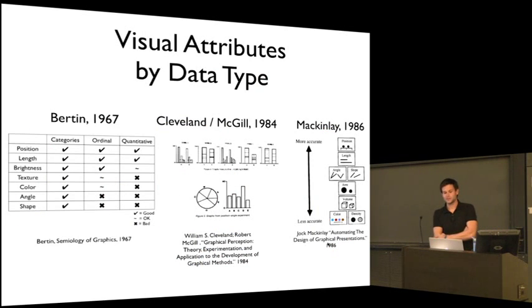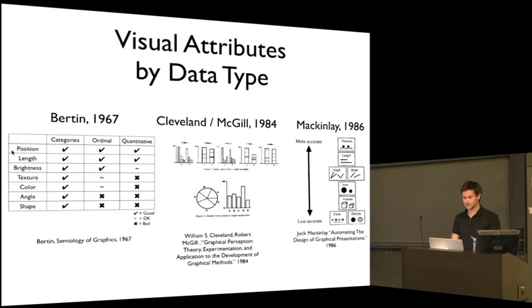These visual variables can actually be ranked by data type. So Bertin, already in 1967, thought about categorical data, so nominal data, ordinal data, and quantitative data. And we discussed that last time. Then he looked at how effective the different visual attributes are for these different data types.